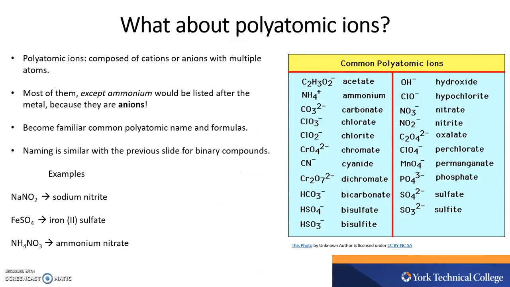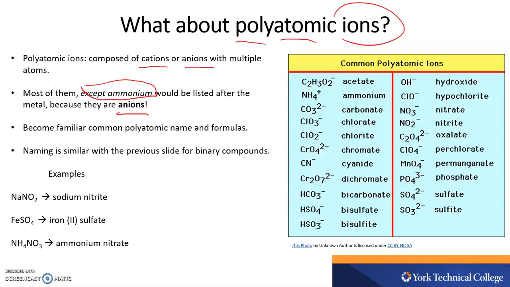I just want to talk about polyatomic ions briefly. Polyatomic, poly means multiple, atomic is the atoms, and ions are the charged species. Polyatomic ions are composed of cations and anions with multiple atoms. That's all it's saying here. So most of them, except ammonium, would be listed after the metal or as the nonmetal because they are anions.